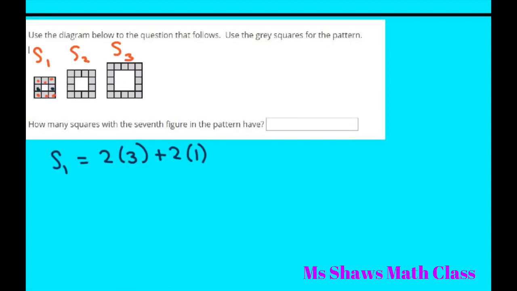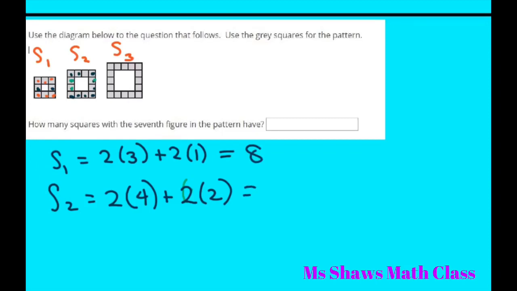We're trying to make a pattern. Let's try stage 2. At the top I count 1, 2, 3, 4, and 1, 2, 3, 4 at the bottom, so I get 2 times 4. And then 2 times 2, because there's 2 here. So this one's actually 6. This is 8, and 8 plus 4 is 12.